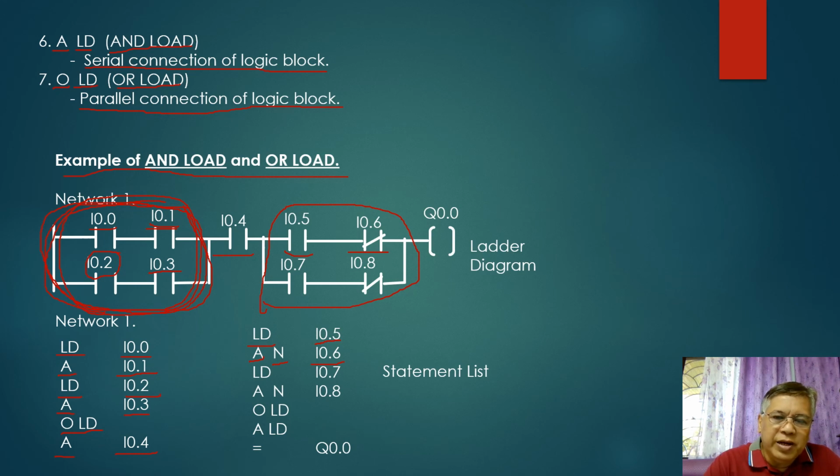And then again, let us separate this I 0.7 and I 0.8. So our first command again is load I 0.7. Then AND NOT, connected in series, the normally closed contact I 0.8.